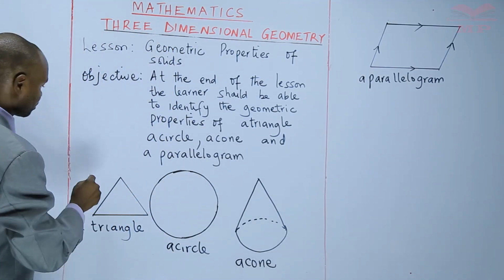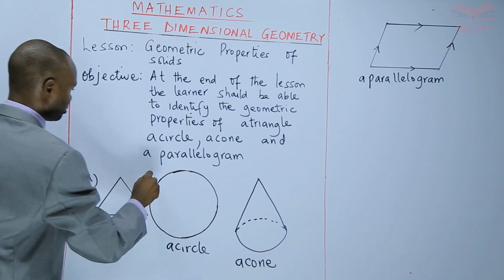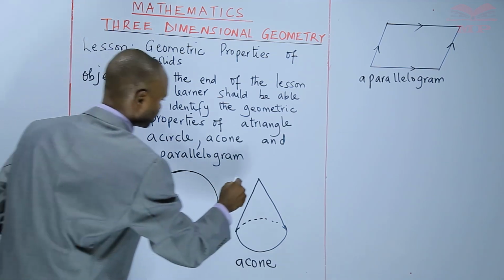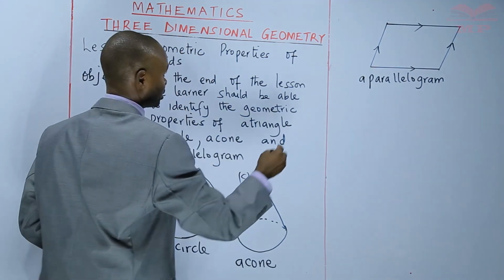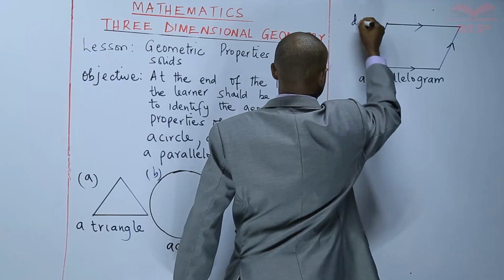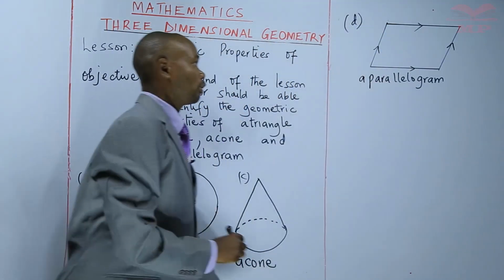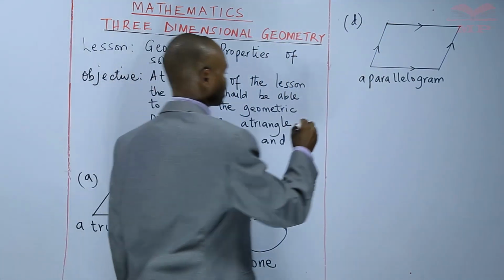So we shall give this one A, B, C, D. We shall start with properties of a triangle.